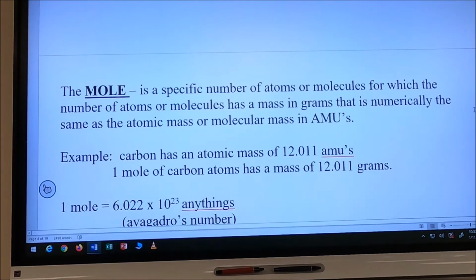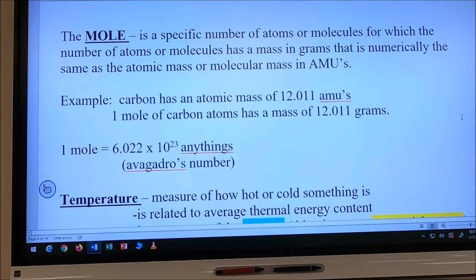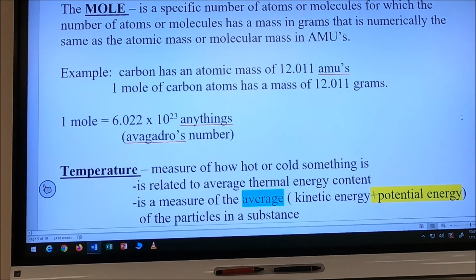Example, carbon has an atomic mass of 12.011 AMUs. 1 mole of carbon atoms has a mass of 12.011 grams. 1 mole of anything equals 6.022 times 10 to the 23 of whatever it is you're talking about having a mole of. If you had that many water molecules, you could swallow it in a single gulp.